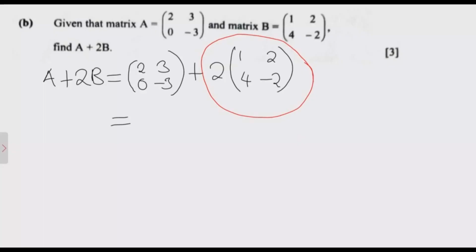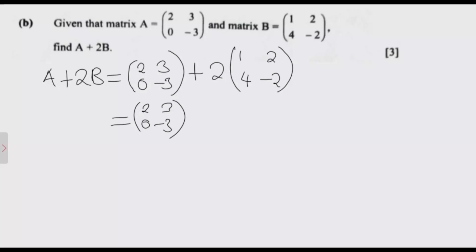So this matrix, which is matrix A, I'll just copy it on the second step the way it is. So I'm going to open bracket, then I have 2, 0, 3, negative 3, close bracket. Then I'm going to evaluate these.